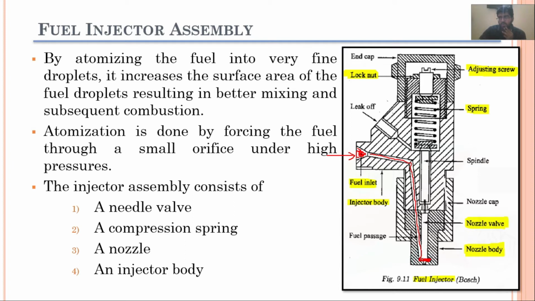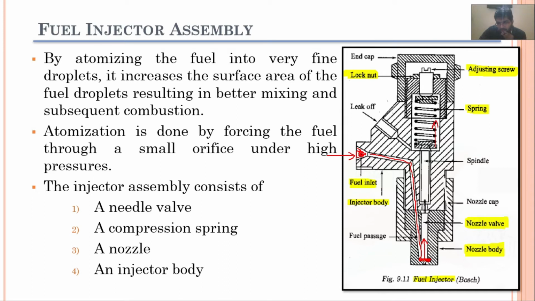Since there is no area available for the fuel to flow further, and since this is pressurized fuel, it will apply force on this needle, and this needle nozzle valve will move upward, thus compressing the spring.